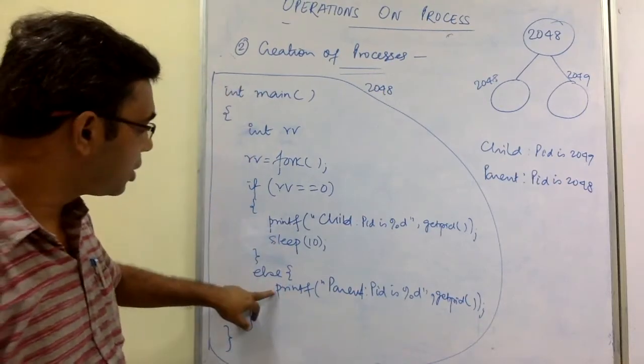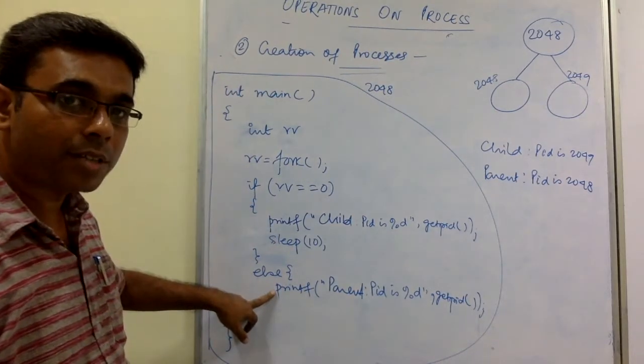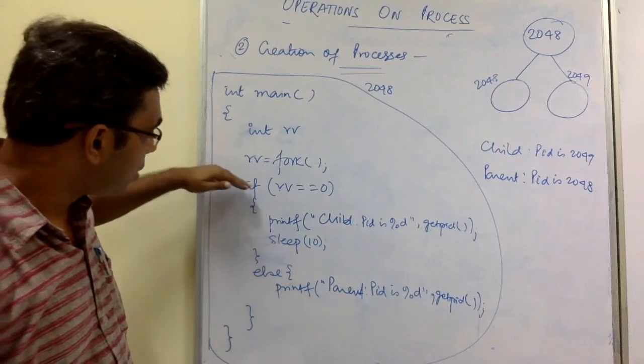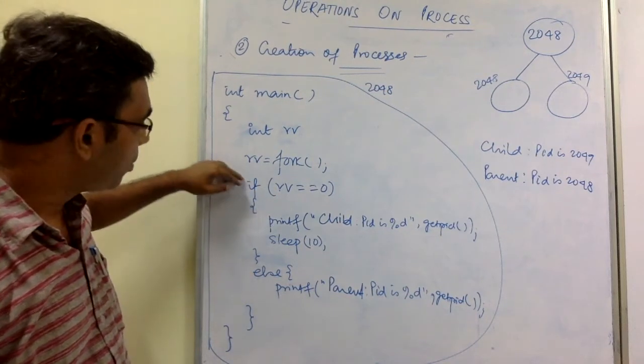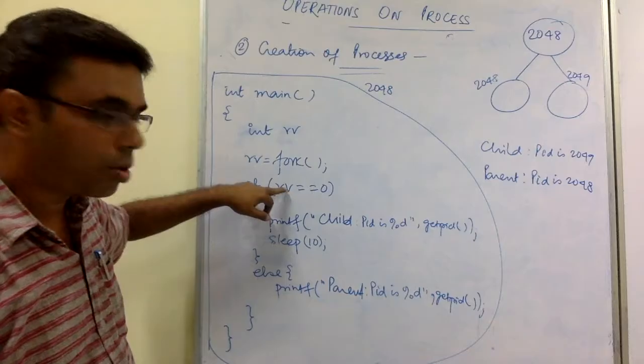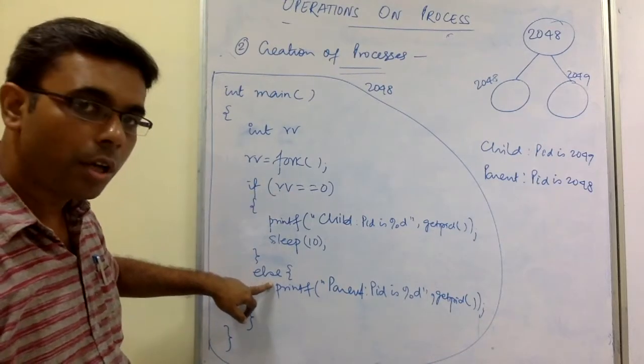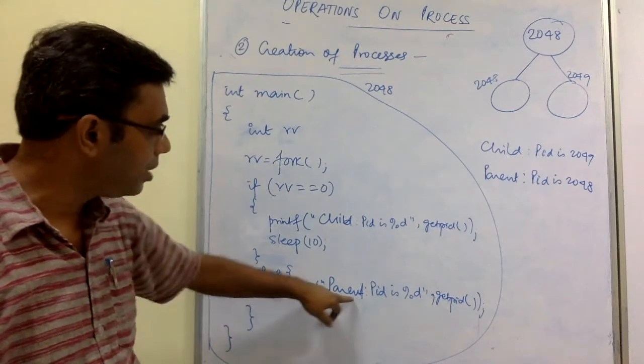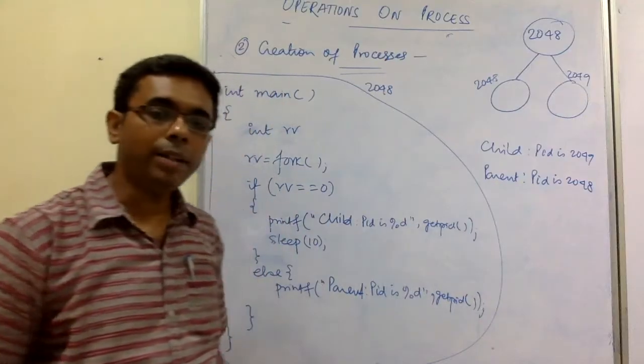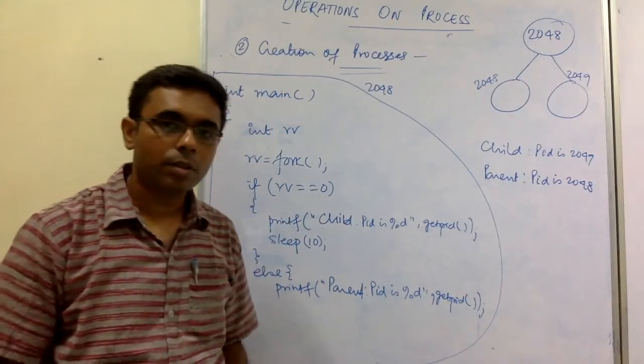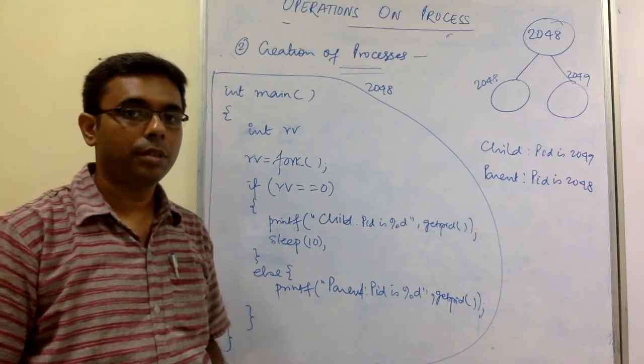It starts execution from this if block. For the parent, this condition will be false. So obviously it falls into the else block, and when it falls into this else block, it will print this statement, which is this. And the parent terminates. Okay, so the parent terminates.